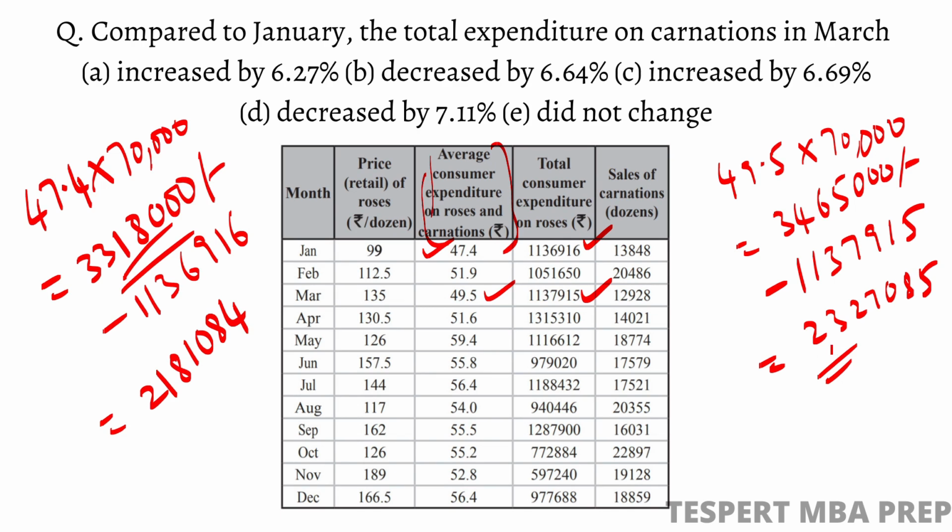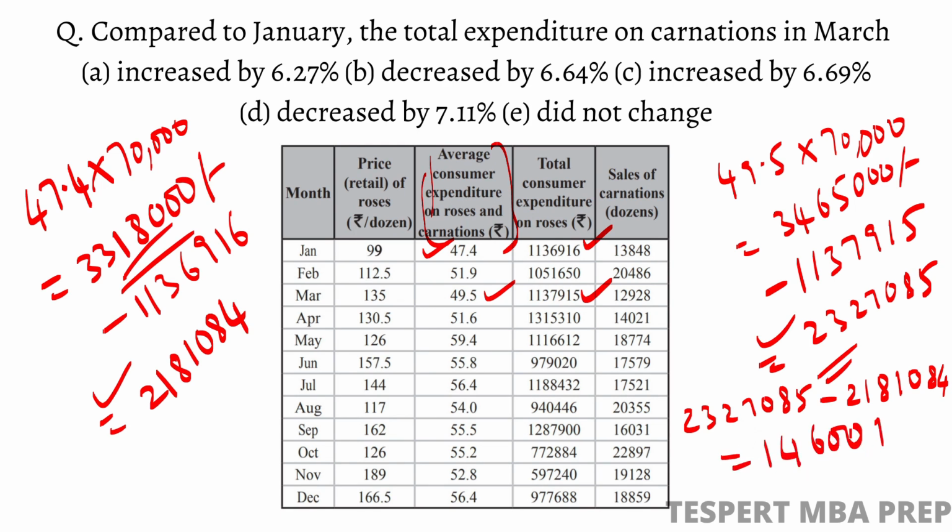This is the expenditure on only carnations, and we are asked to find out the total expenditure on carnations in March compared to January. So this is expenditure on carnations in March, this is in January, so subtract these two now. If we subtract, this will be equal to 146001, and we are asked to find out the percentage change.